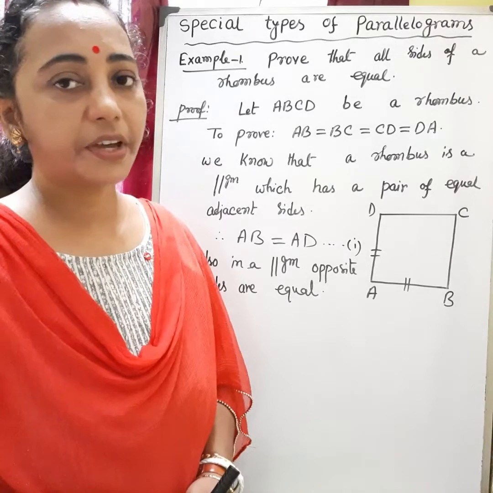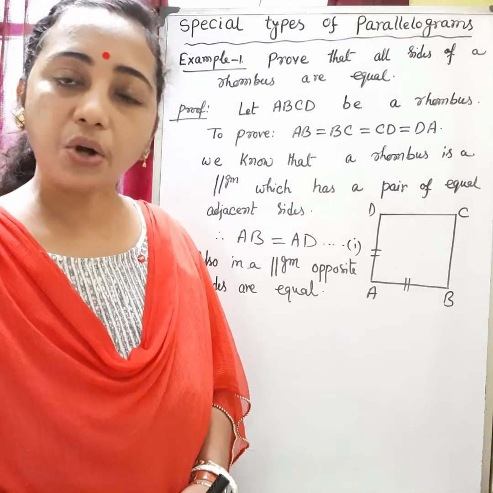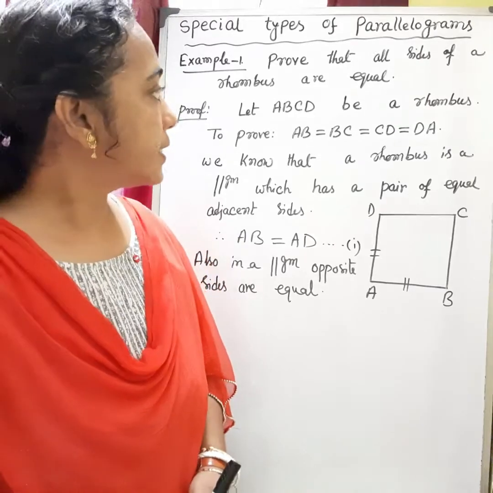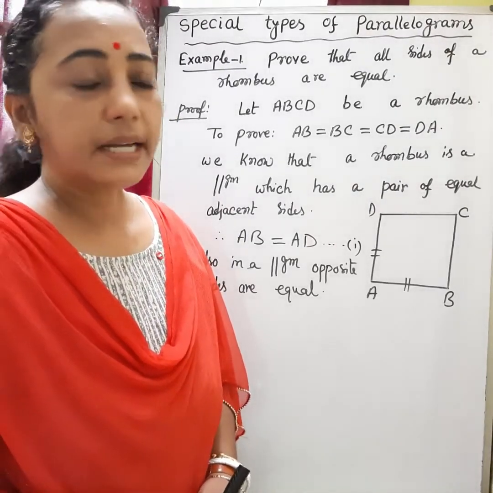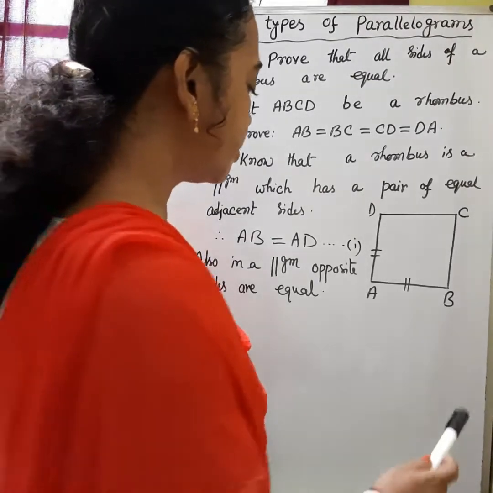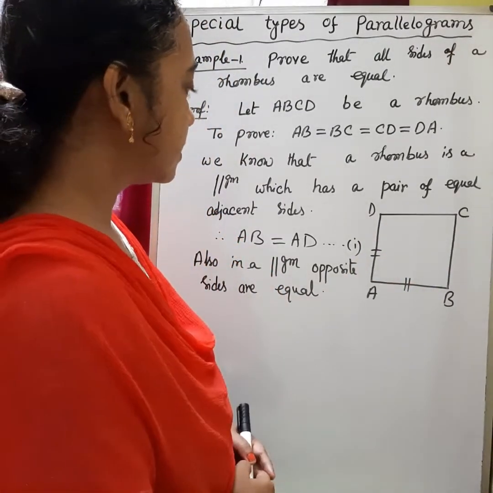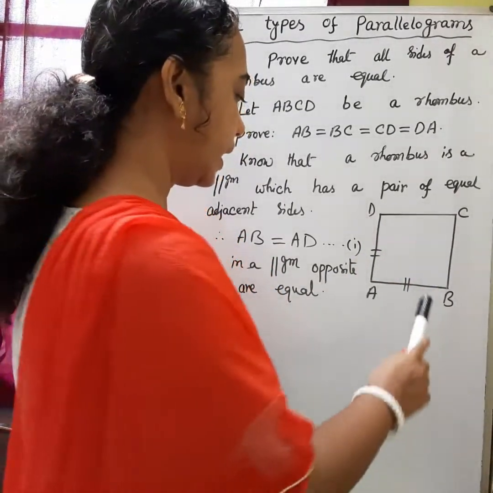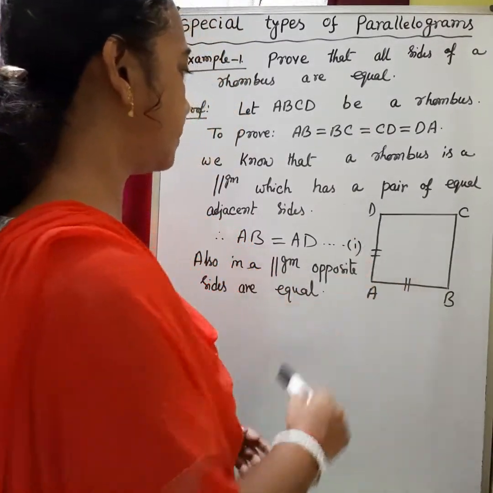Now let us verify that all sides of a rhombus are equal. In order to prove this, let us consider ABCD to be a rhombus. The figure is already shown here. Now we have to prove AB equal to BC, BC equal to CD, and CD equal to DA.